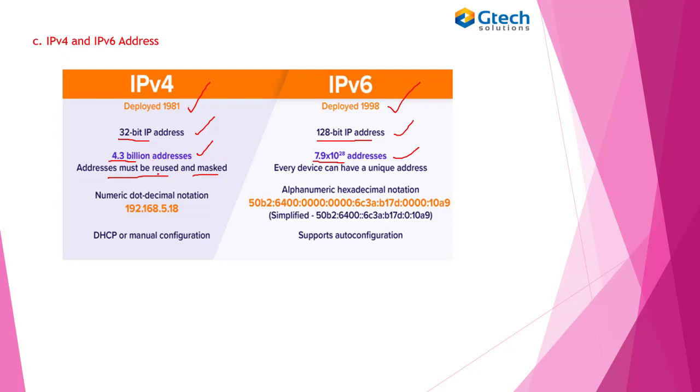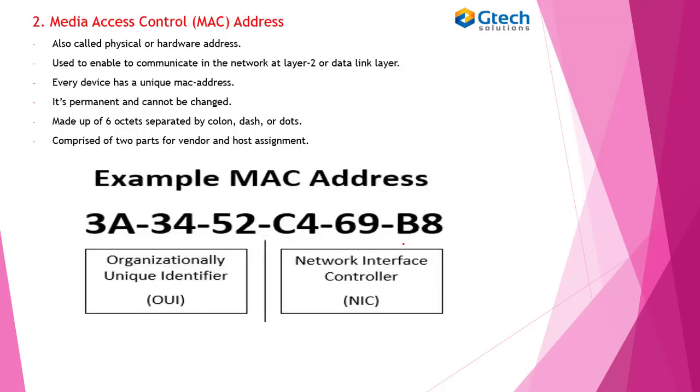Probably there are more devices in the world than this number, so we have to reuse the addresses. But under IPv6, with an undecillion addresses, every device can have a unique address. So you have to understand the differences between IPv4 and IPv6 addresses. See what we have next.